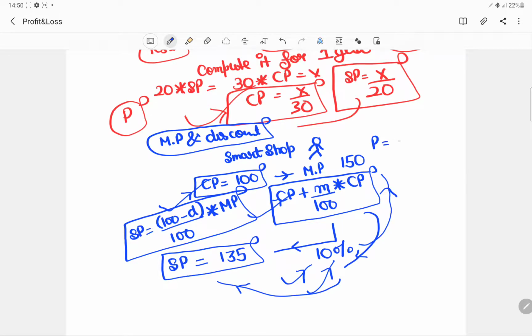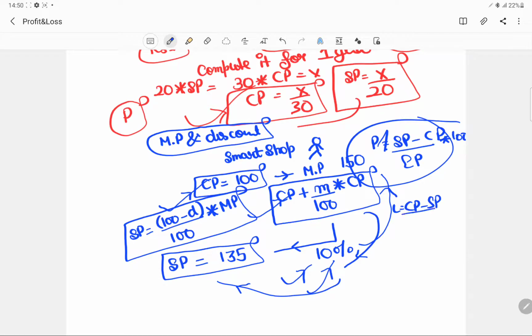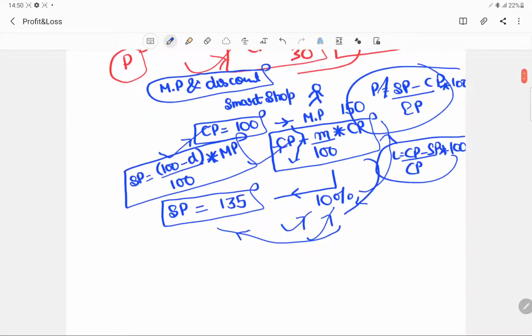And then the concept of profit and all remains the same. Profit percentage is always (selling price minus cost price) upon cost price into 100. Similar is the case of the loss. Loss is always (CP minus SP) upon CP into 100. So that doesn't change. What changes is that the marked price is always calculated over the cost price, and the selling price is always calculated over the marked price.